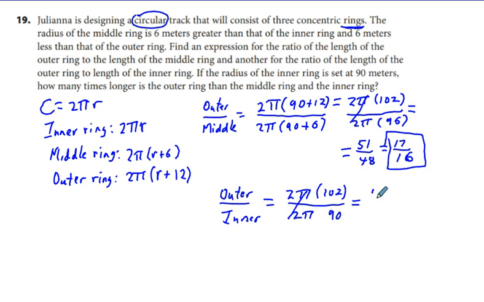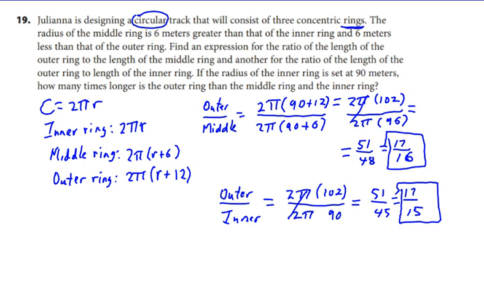So we're going to have 51 over 45, which simplifies to 17/15. That's going to be our ratio of our outer to inner. And then we can decimalize these also.